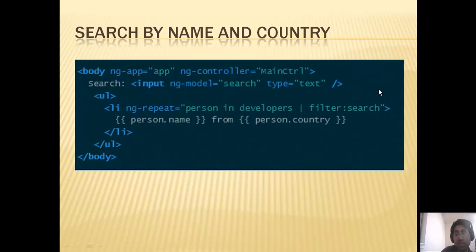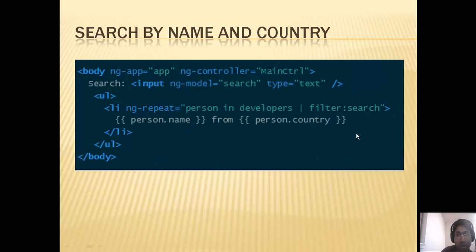We can apply this filtered search to some control as well. You can say this search, this model, I think these are being bound. So whatever we write in this text box, the search will be done based on the text, and a partial list of the developers will be displayed based on the search result.